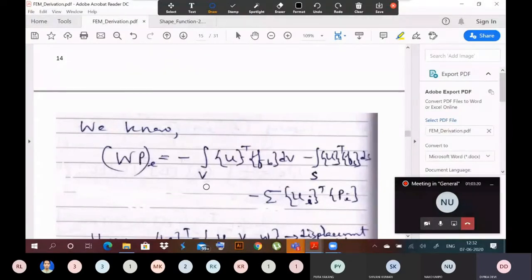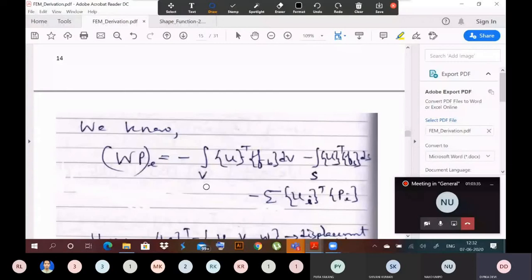There is no point load along the length of the element or along the volume of the element or within the area of the element. Therefore, this point load will be your nodal loads.